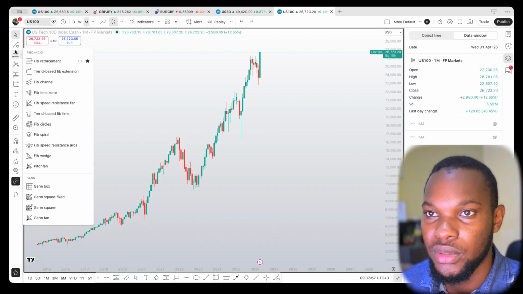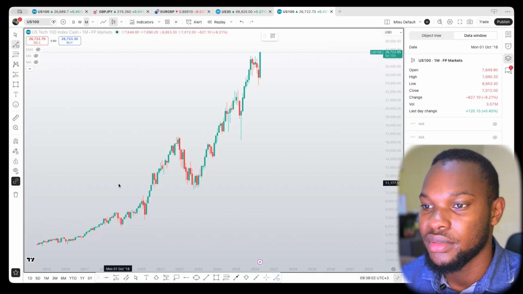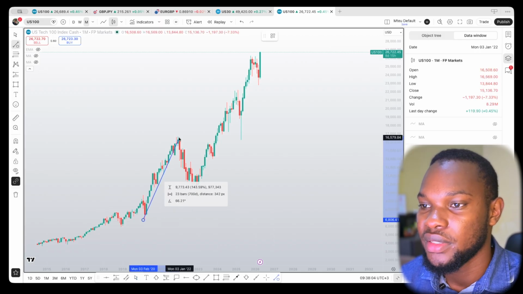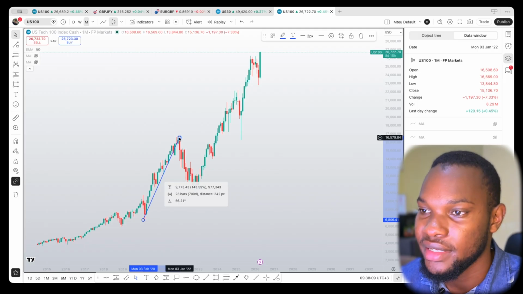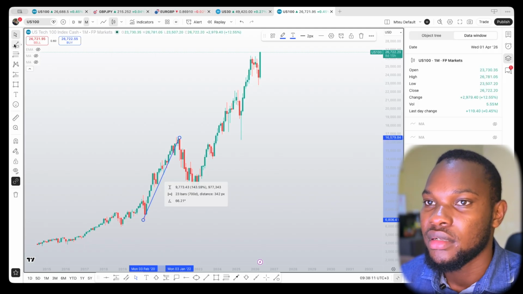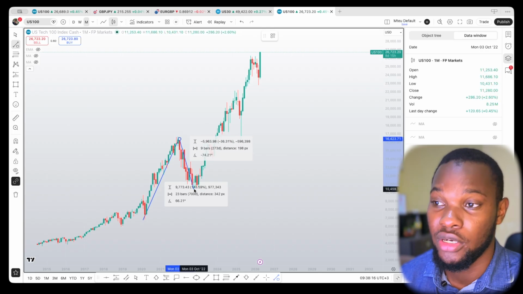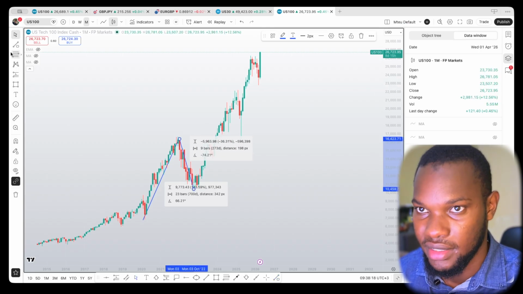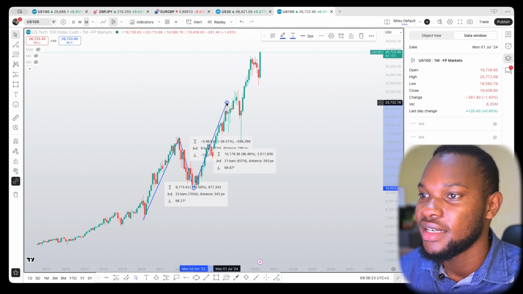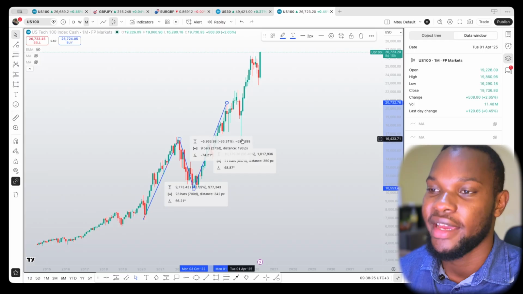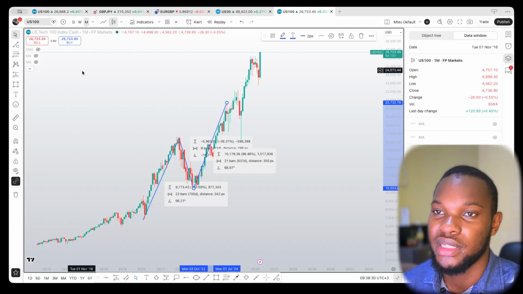As you can follow here, this is a move to the high. So we made a higher high, right? Then with this one here, we made a higher low, right? Same here, we made a higher high, then we retraced to a higher low. That's what an uptrend is, for anyone who didn't know.